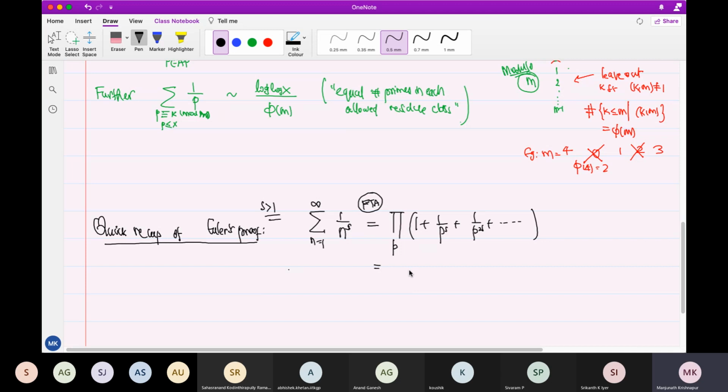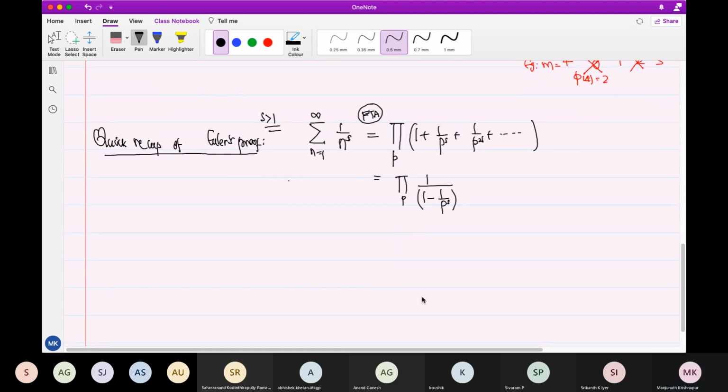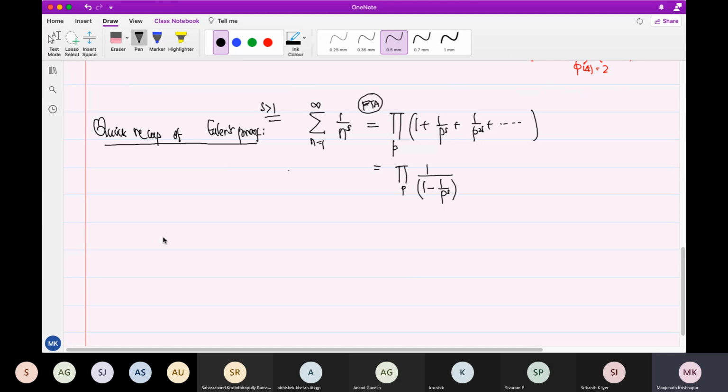Now this is a geometric series, so you can write this as the product over p of 1 over 1 minus 1 by p to the power s. So this is how you get it. This is usually denoted zeta of s.